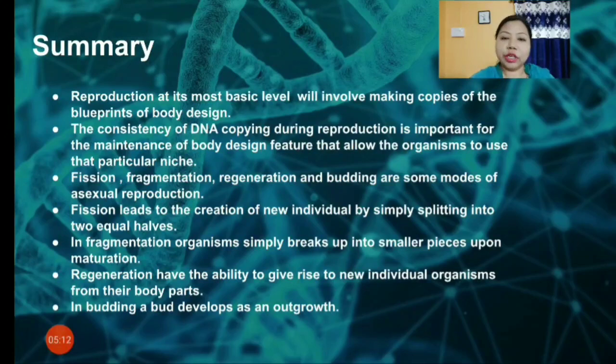Fission, fragmentation, regeneration and budding are some modes of asexual reproduction. Fission leads to the creation of new individuals by simply splitting into two equal halves. In fragmentation, organisms simply break up into smaller pieces upon maturation. Regeneration is the ability to give rise to a new individual organism from body parts. In budding, a bud develops as an outgrowth.